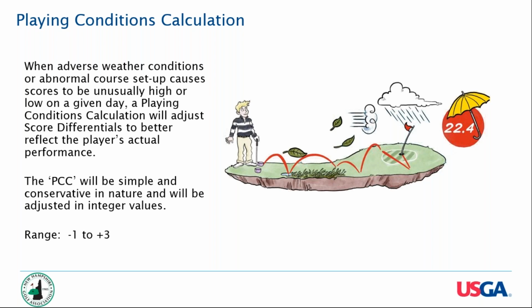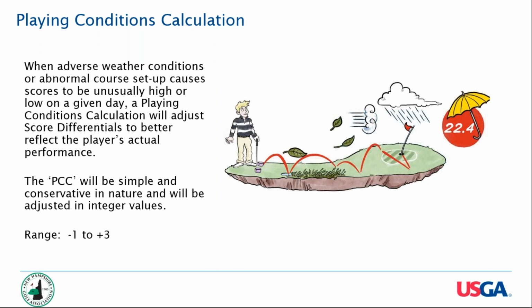Like I said before, it's going to be conservative in nature, so we may not see it very often. It's going to adjust the differentials in a range from -1 to +3. So the more scores posted which are above or below expected based on the rating and slope and the handicap index of players, the more likely an adjustment will happen.